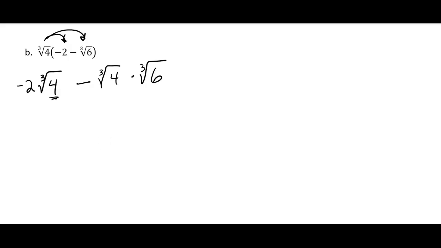Now, can I split up the 4? Well, 4 is 2 times 2, but that's not enough to get a cubed root out of it. So it's just going to stay negative 2 times the cubed root of 4. The other part, though, that I might be able to do something with. So you could either break it all down into its primes, or you could multiply it together. 4 times 6 is 24.